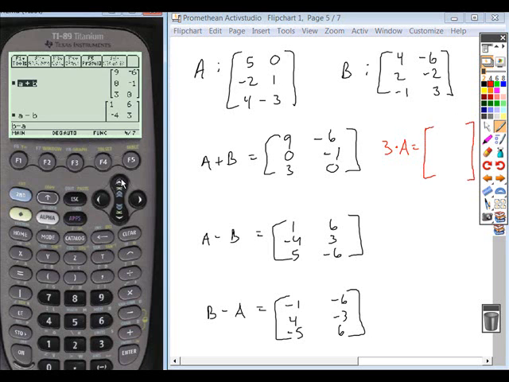You can go in and do it. I'm just going to go back and enter these as my A and B values. Okay, so this type of problem is not too difficult to do with a mental calculation.